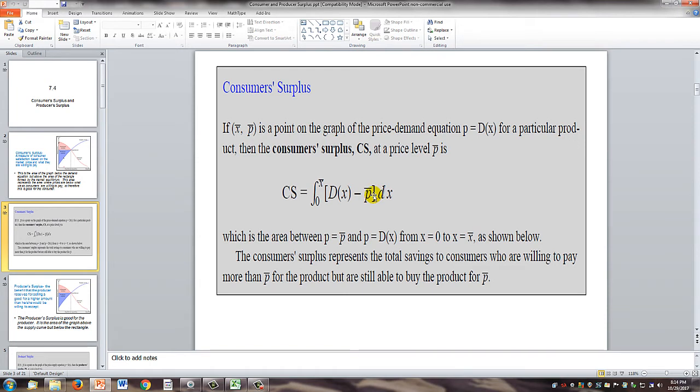And so you would subtract the area of the rectangle. And here's another way to think of consumer surplus. It represents the total savings to consumers who are willing to pay more than market equilibrium for the product, but are still able to buy the product for P bar.